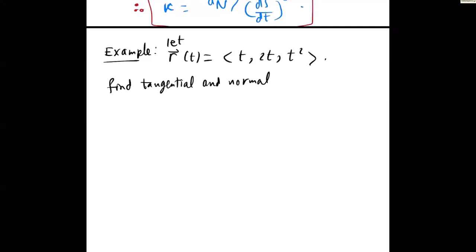Okay, an example about this: acceleration components given the position vector of a moving particle.